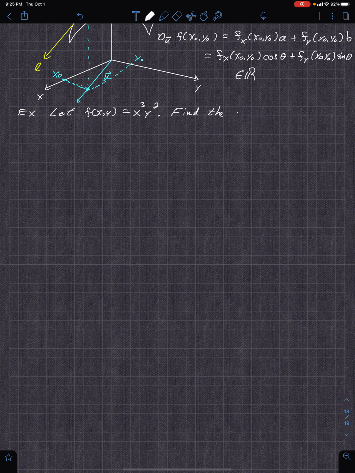Find the directional derivative of f at P naught, which is (-1, 2), in the direction of v equal to 4i plus 3j.